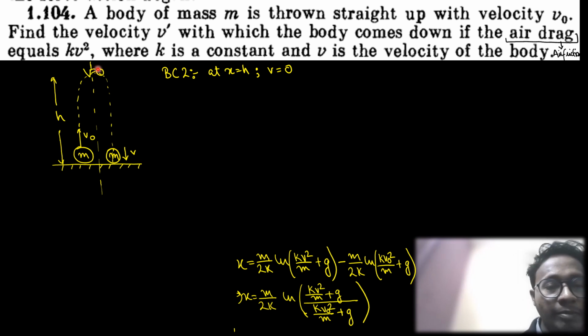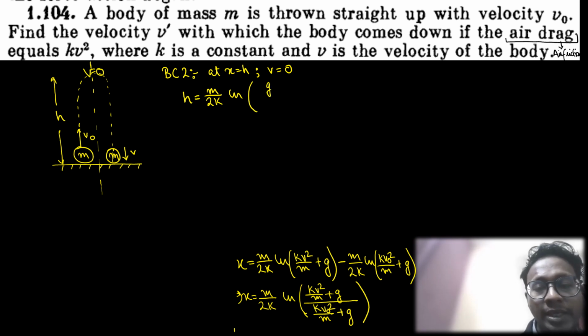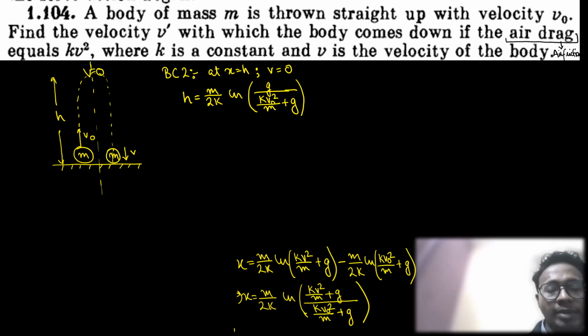That means at maximum height, the velocity becomes 0. Now put x is equal to h and v is equal to 0 here. We get the equation h is equal to m by 2k ln, where this entire term becomes 0, so it is g by k v naught square by m plus g, where v naught is the initial velocity. So the maximum height is given by this equation. H is equal to m by 2k ln of g by g.